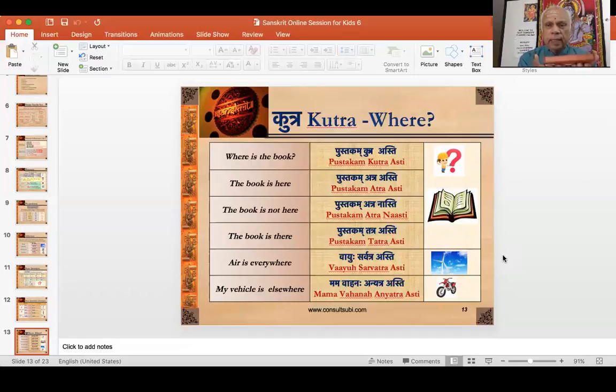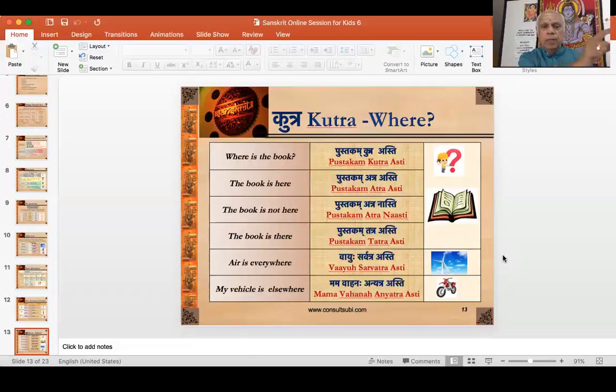Pustakam atra asti. If the book is not there, how do you say? The book is not here. Say Pustakam atra nasti. It is not here. But it is somewhere else. It is over there.